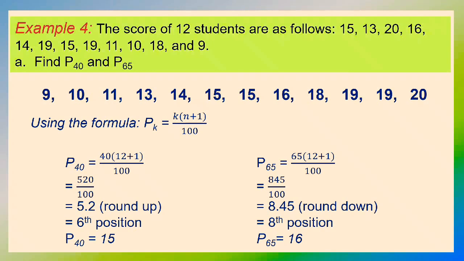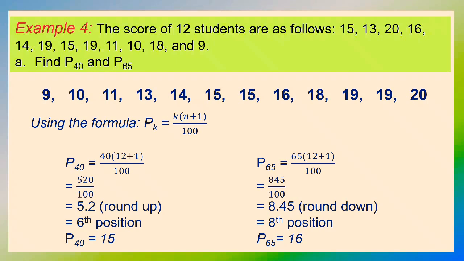Meanwhile, going back to the 65th percentile, we get a decimal value also, which is equal to 8.45. Since we get a decimal value, we are going to take into consideration the position of the 65th percentile. Is it below 50% of the distribution, or is it above 50%?